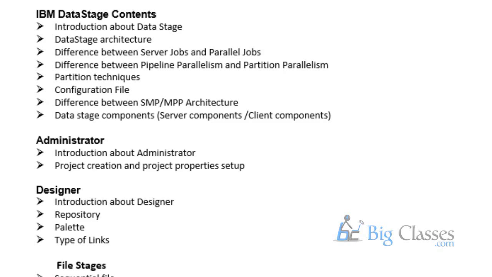Maybe the client is using an Oracle database for extraction. For loading, he may go for a Teradata database. So in that case, for extraction and loading, mostly you will be using either files or databases. Coming to the transformation, the middle part of ETL, you have certain stages available in DataStage.